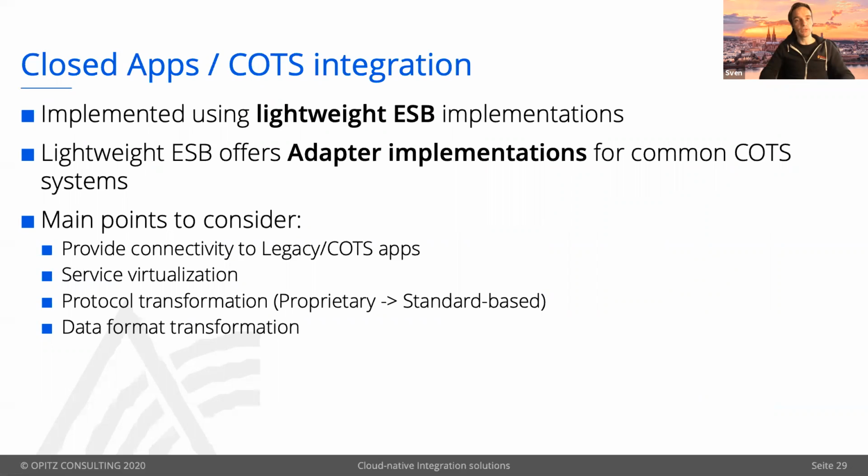And for those, we can leverage frameworks like Apache Camel, for example, which is a lightweight ESB implementation, which comes with a rich set of components to connect different systems with each other. So I think Camel has about 300 plus components, which is great for an open source solution at some point.